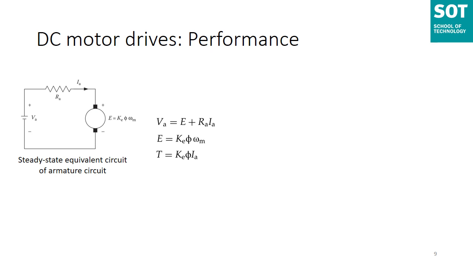Phi is nothing but the flux per pole, usually represented in Webers. Ia will be armature current in amperes, Va will be armature voltage in volts, Ra will be the resistance of the armature circuit in ohms, omega m will be the speed of the armature in radians per second, and the torque developed by the motor will obviously be expressed in Newton meters.